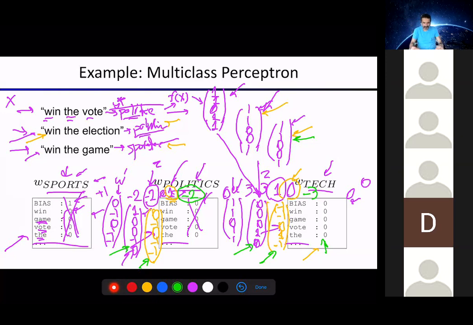For the first one, again, we are looking here, and this is the latest weight vector. So it should produce politics.